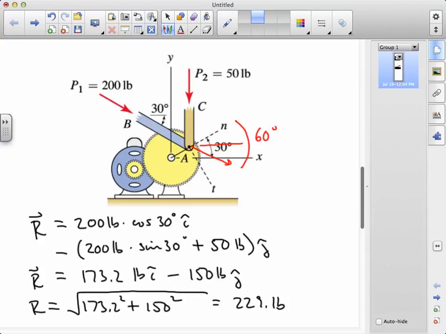And if we slide P2 down, this angle here is 30 degrees. So what I'm going to do is resketch this now with the normal tangent system rotated so it's a little bit easier to see this.